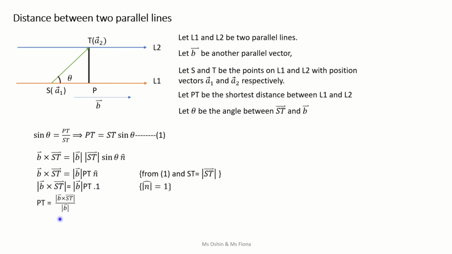So rearranging, we get PT equal to the magnitude of vector B cross vector ST divided by the magnitude of vector B. Now, ST vector can be written as A2 vector minus A1 vector. Hence, the shortest distance between two parallel lines is equal to the magnitude of vector B cross (vector A2 minus vector A1) divided by the magnitude of vector B.